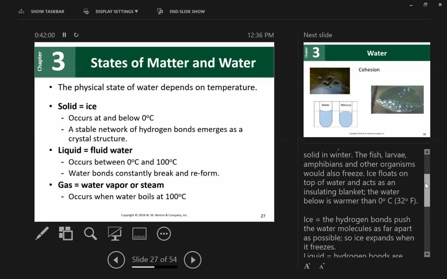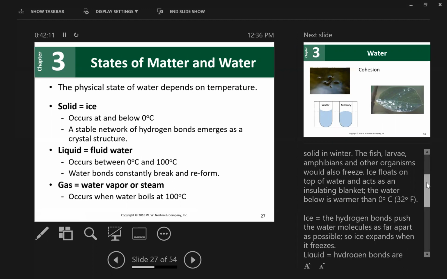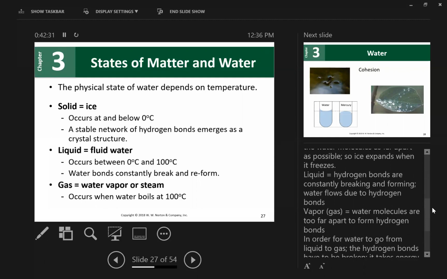They're slowing down because of their distance being apart. Now you get above 0 degrees Celsius or 32 degrees Fahrenheit, and what happens? Those hydrogen and oxygen elements are starting to get closer and closer together. And the closer they get together, the more they're going to start moving around. And so then it becomes a liquid.